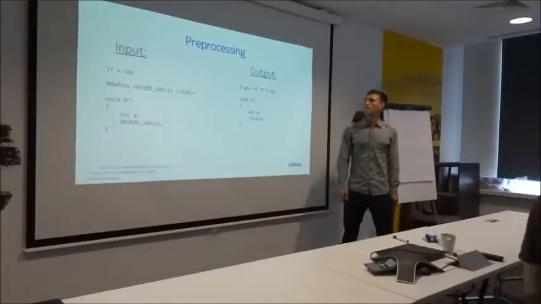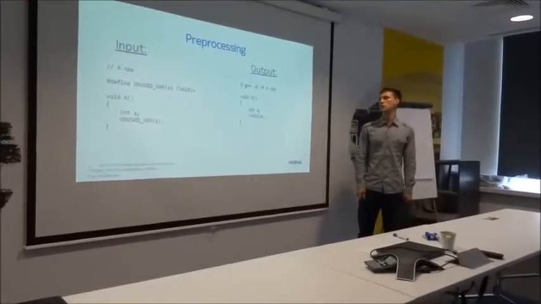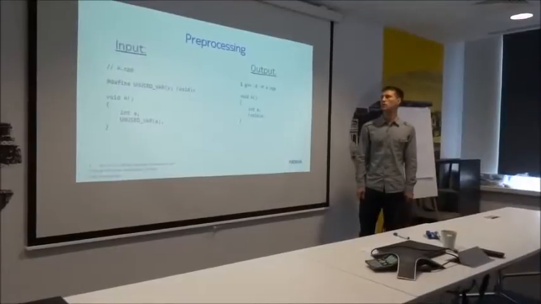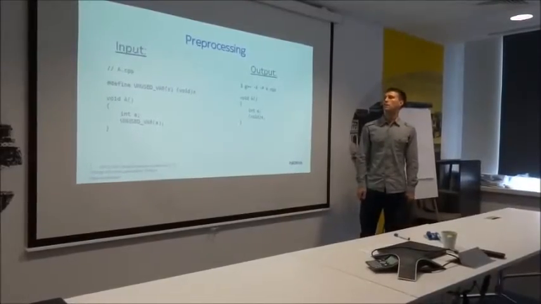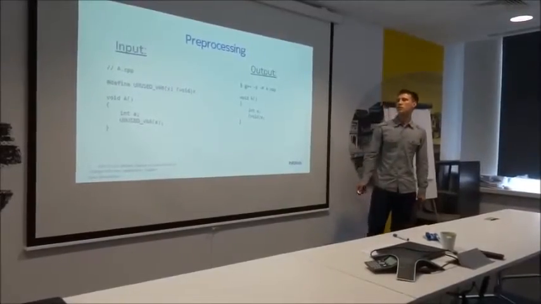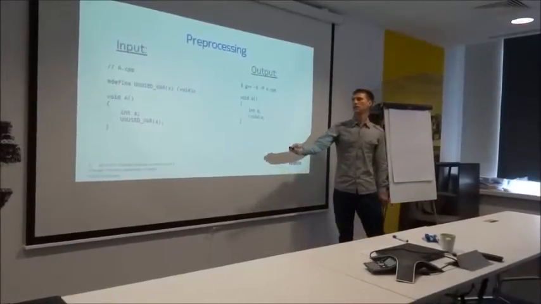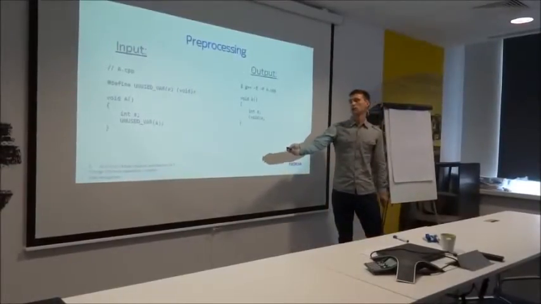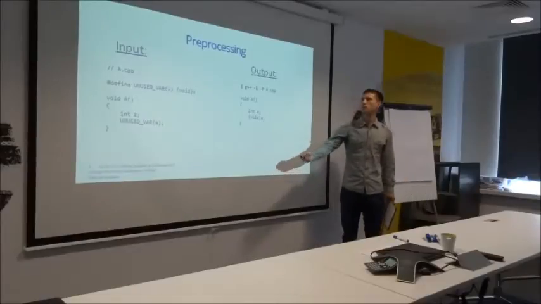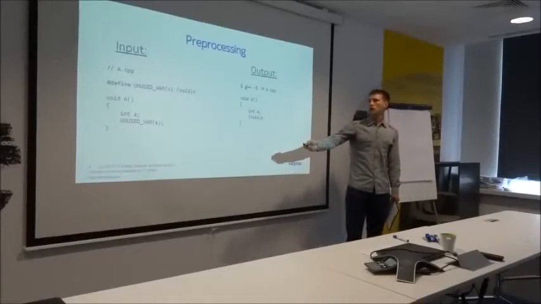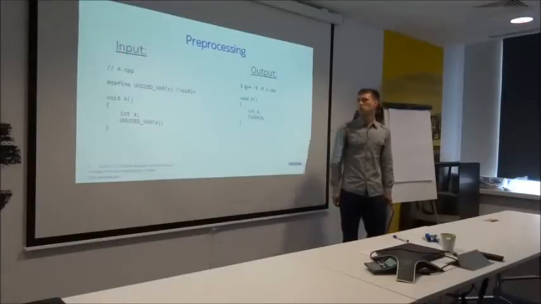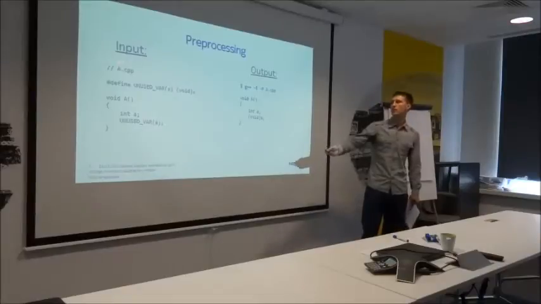So, preprocessing. This stage is really easy. On this stage, all preprocessor commands are defined and includes are expanded. Here you can see a really simple macro, also well known as an unused variable.